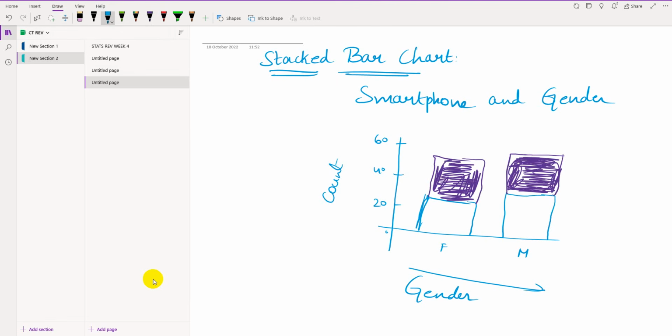Now if somebody asks us to look over and describe how many have the smartphone and how many don't, a stacked bar chart helps us give a complete picture about the percentage or the number of males who have the smartphone and who don't have the smartphone.